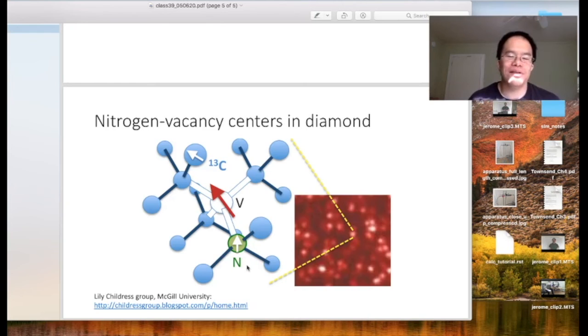One reason these NV centers are useful is that they are fluorescent. So you can actually see them under a microscope if you stick a sample of diamond under the microscope and shine some green light on it. That's the picture you've got here, from Lily Childress's group at McGill, where they're investigating some really cool physics with diamond NV centers.